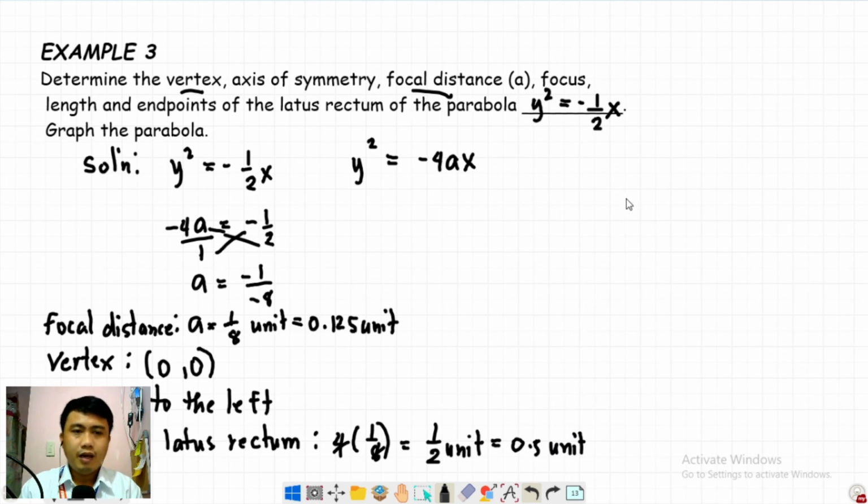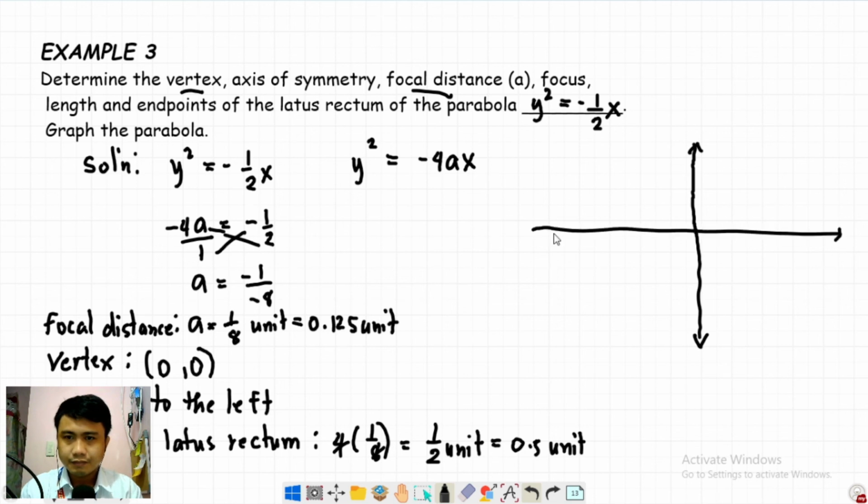Okay, so try to draw the graph. This is Y and this is X. It opens to the left, and this is our vertex. We have here the focus on the left.